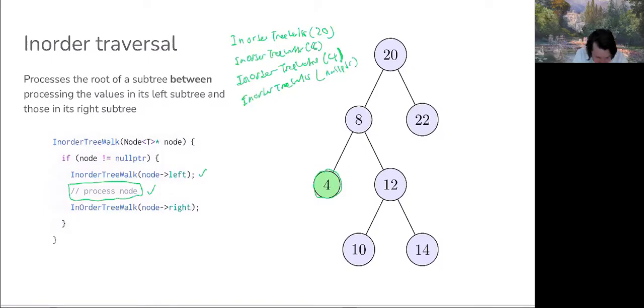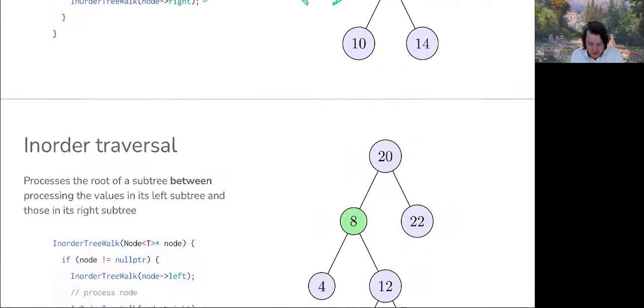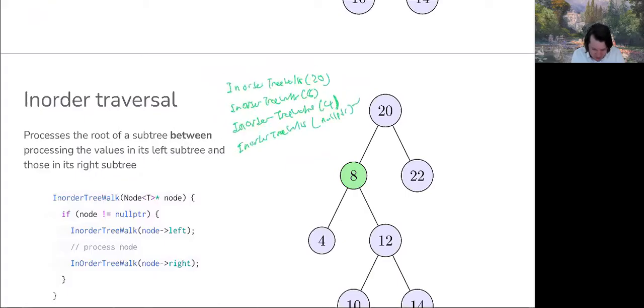Why? Because the right pointer of this node is pointing to nothing. So we get into that, nothing would happen, and we'd return from it. The activation record for that would be popped off, as well as for 4.